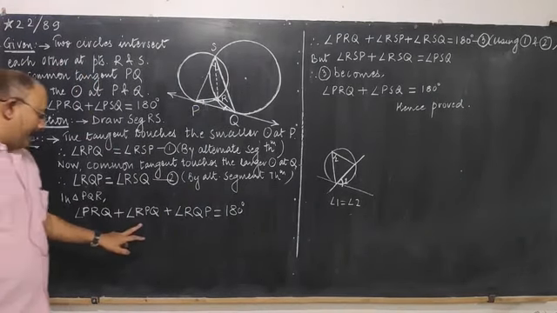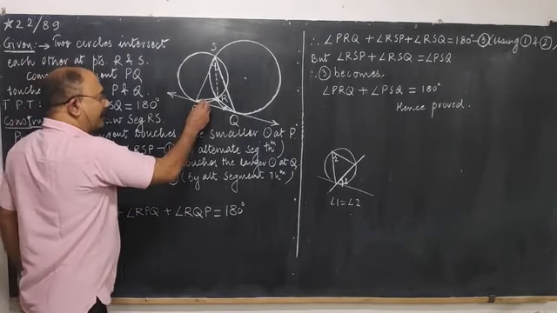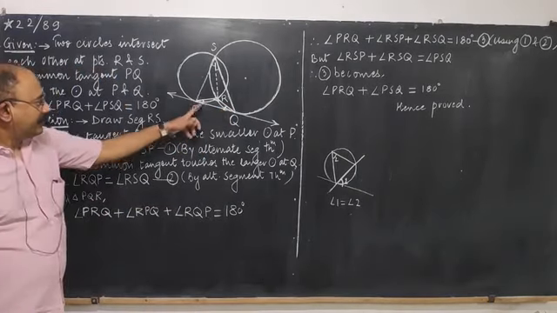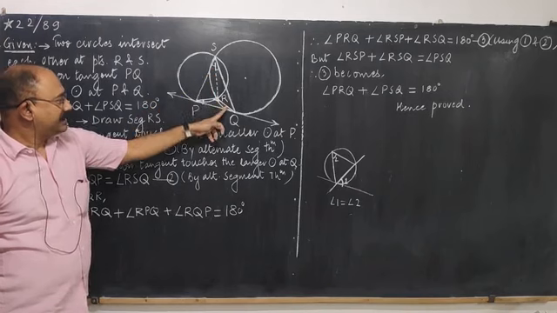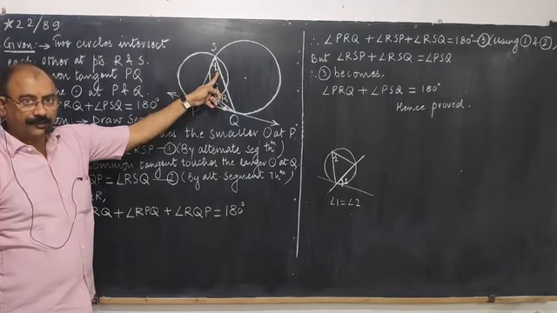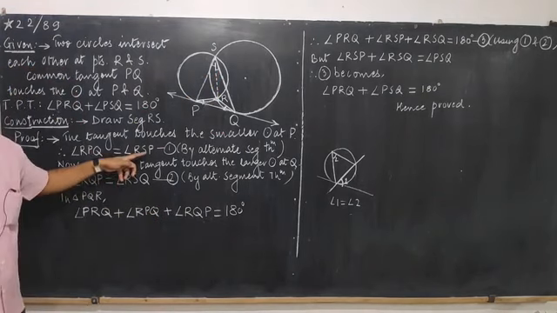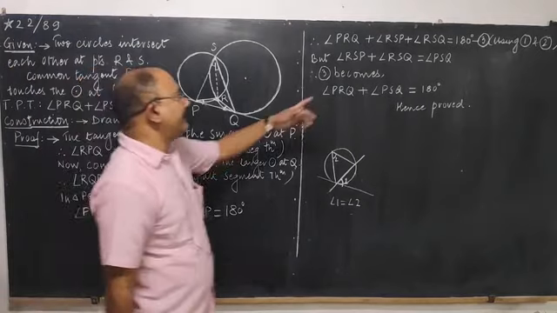Okay, but we have the replacements for these two angles. RPQ और RQP, ये दोनों एंगल्स के रिप्लेसमेंट है. इसका रिप्लेसमेंट ये एंगल है और इसका रिप्लेसमेंट इधर वाला एंगल है. So we are going to replace these two angles by their equivalents, which we have already obtained in equation number 1 and 2. So we did that.